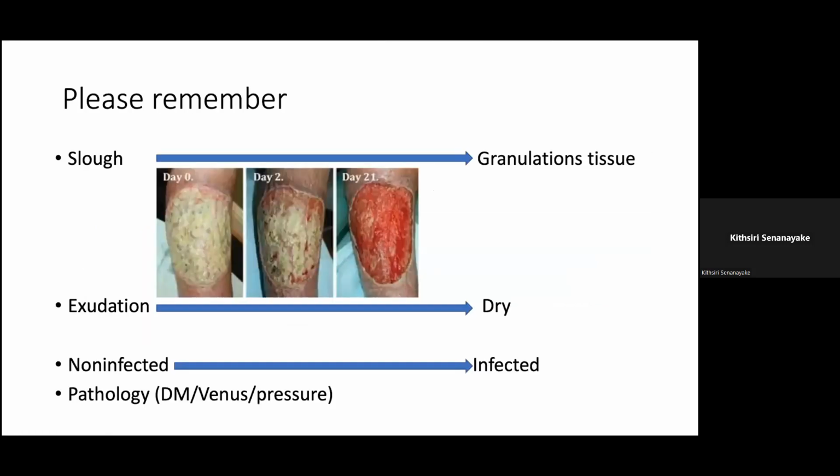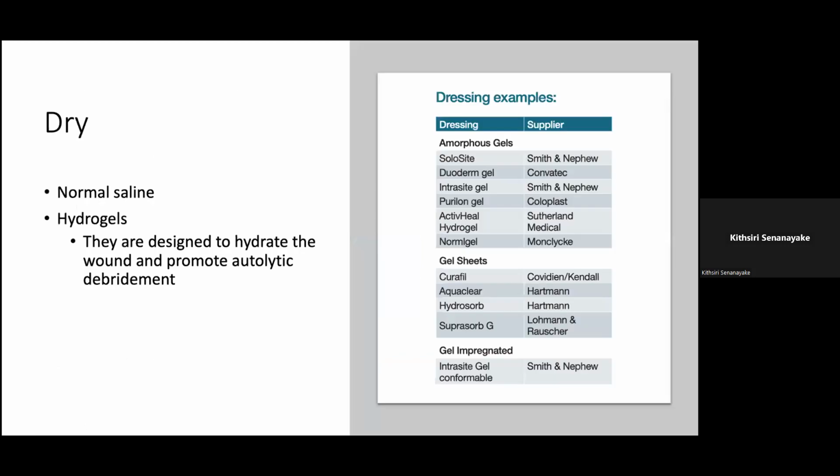Okay, again, this is our take-home message. You need to remember, when you see a wound, you should see whether it is sloughy to granulating, exudating to dry, or whether it is infected or not, or please think whether it is a special type of wound. If it is a dry wound, what do you do?